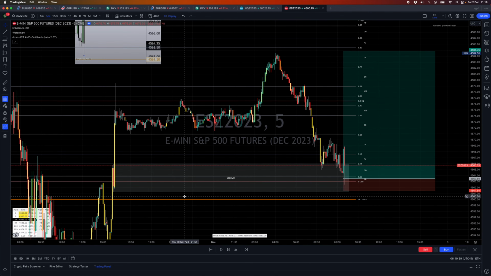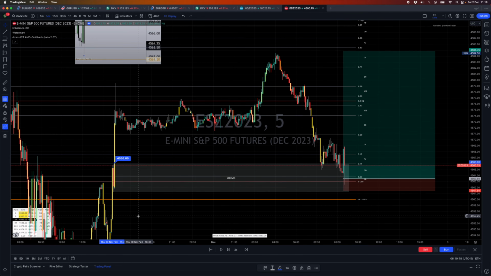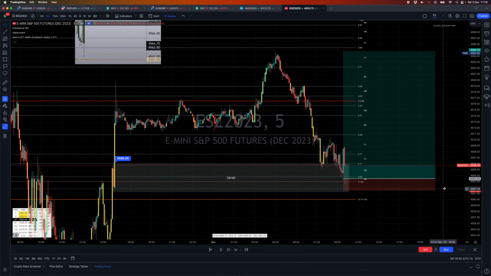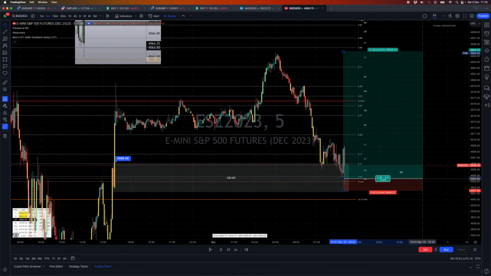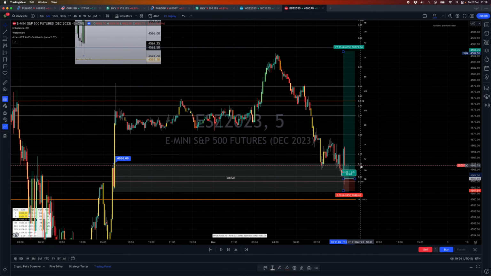And this is how accurate Goldbach is. What is the price at the top of the 5-minute order block? 4566. What does Goldbach predict the top of that range is? 4566. He needed a lower confirmation reason to get into the trade.